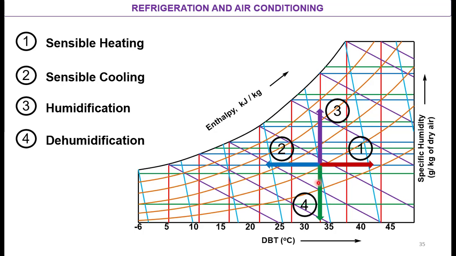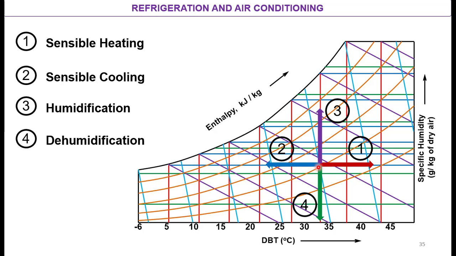Sir, the temperature remains the same and specific humidity decreases. Yes, that's a very good answer. So your specific humidity, or the moisture content in the air, reduces, whereas the dry bulb temperature remains constant. This process is known as dehumidification.